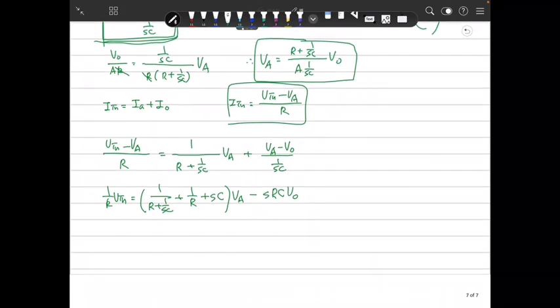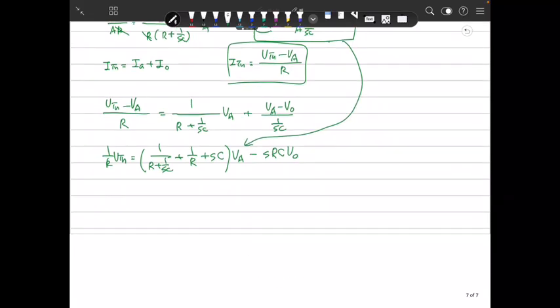But we know the relationship of VA here, so we insert it like that. Then V in is a little complicated, but you can do that: A S squared R squared C squared plus 3 SRC plus 1 minus ASRC, and V out.